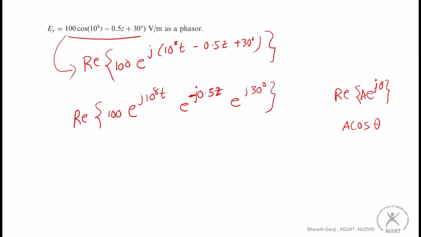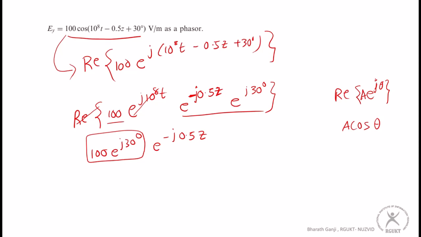Okay, so when you write a phasor form, you actually neglect this real part and this e power j omega t, and you write whatever term is left out. So it is 100 e power j 30 degrees and e power minus j 0.5z. So I can even do something even better. So e power j 30 is like cos 30 plus j sin 30.